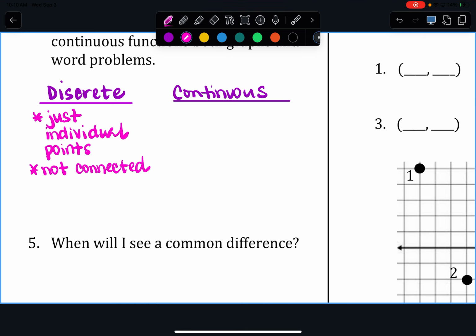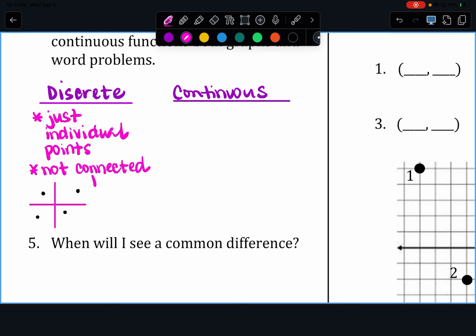So an example, the graph would look like this, right? If I had to graph some points just like that, that is a discrete graph. And the reason why it's broken typically is because we cannot include the fractional values of things. It's not connected because we can't include the fractional values. Let me just add that up here, sorry.